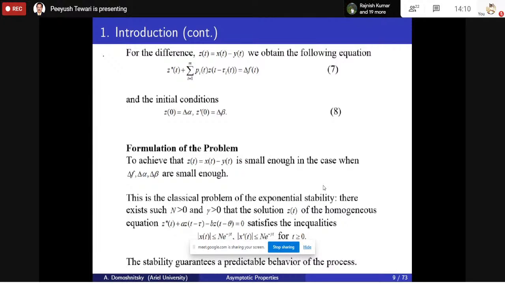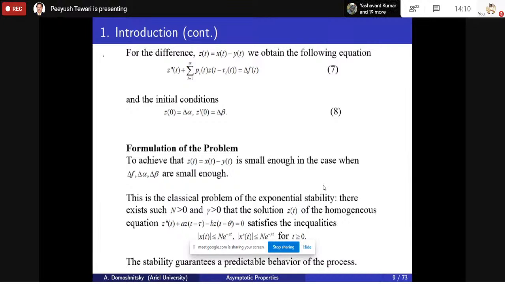It means that if delta f is small enough, we have to obtain that the solution z is small enough. And that is a classical problem of stability with respect to the right hand side.